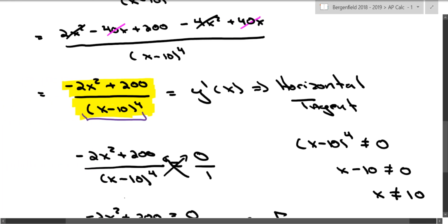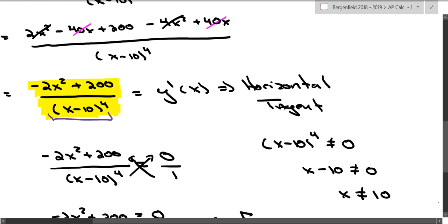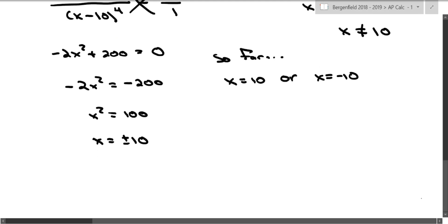We learned that in algebra. In other words, you can't divide by 0. If I put a 10 in there, 10 minus 10 is 0, and that won't work. So we have to restrict our answer. Since x is not allowed to be 10, our only answer is x equal to negative 10 is the only solution.